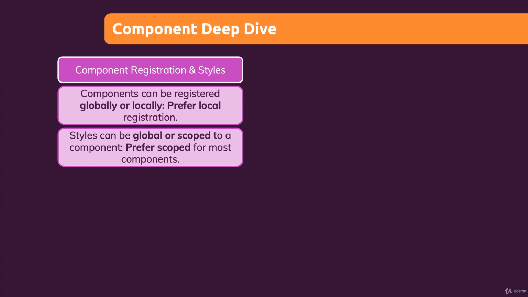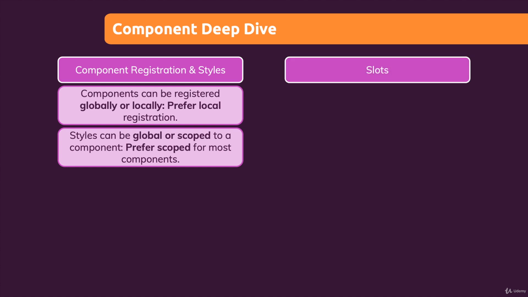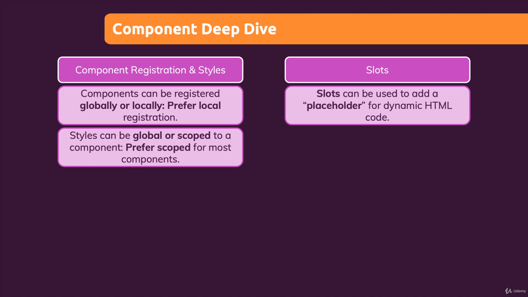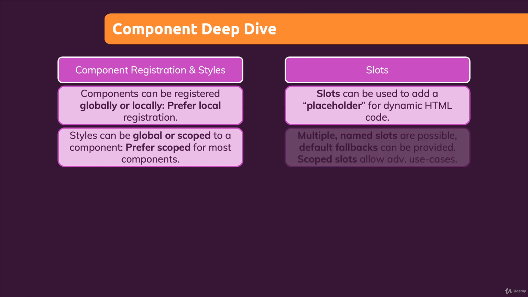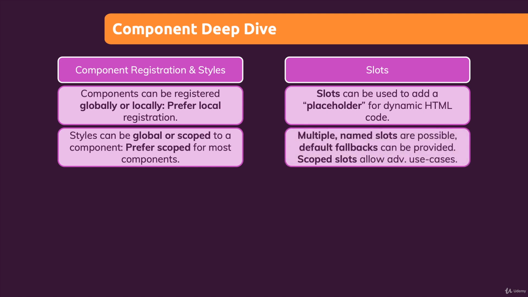We also had a look at slots, another key feature. Slots can, in the end, be used as a placeholder for dynamic HTML code, which can then be inserted from outside into a component. You can have single slots, you can have multiple slots, where you then also need names. Only one slot may stay unnamed.